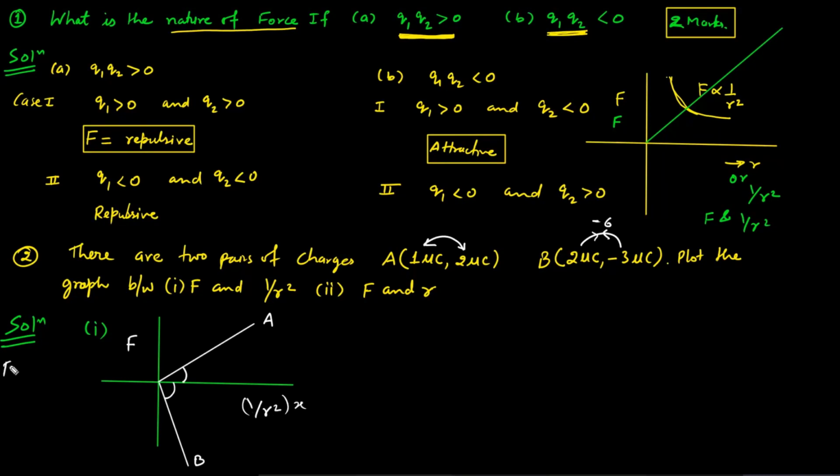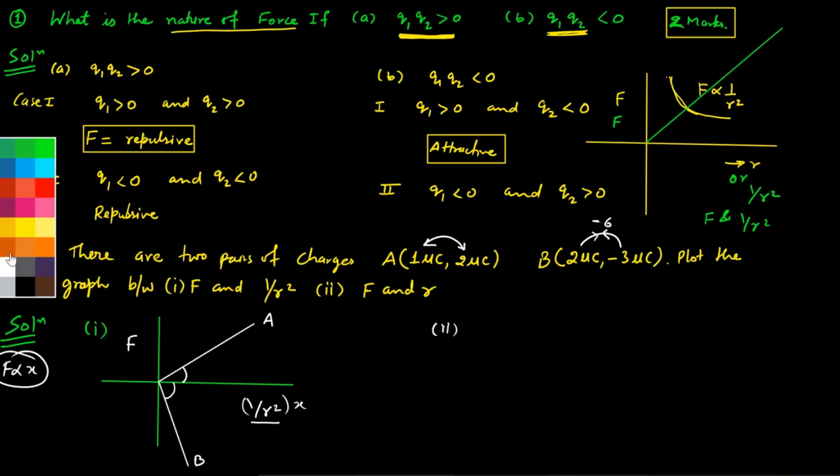So f proportional to x is what? Straight line. So see, I made the graph of f and 1 upon r square. It will be a straight line only, right? Now I hope it is clear to you.